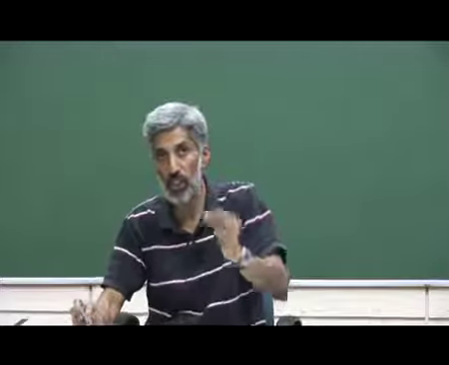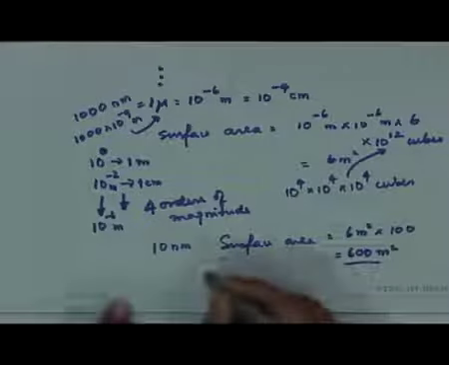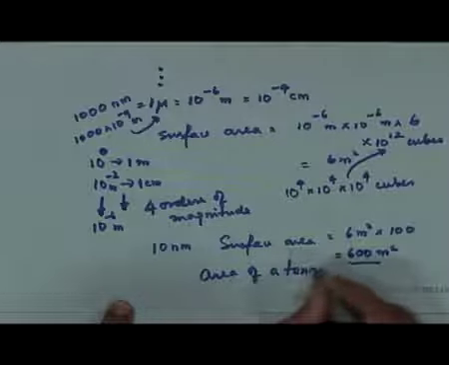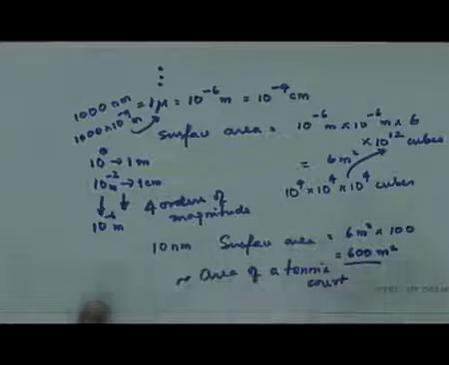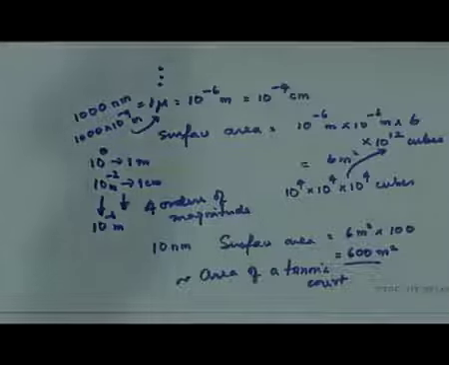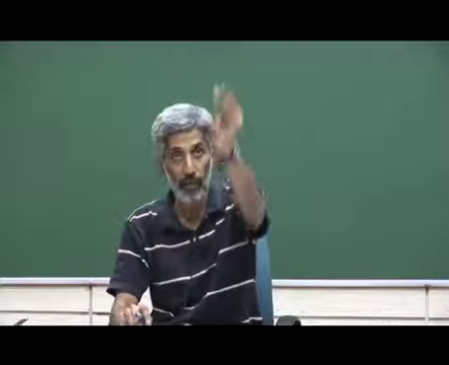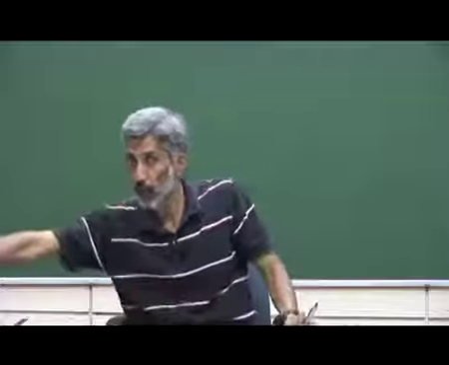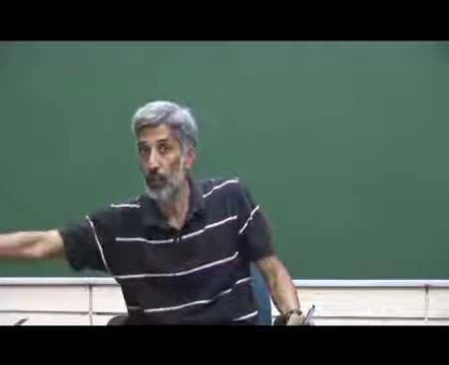And to give you a sense of 600 square meters, this is about the area of a tennis court, approximately. So what this means is that if I took a small cube 1 centimeter inside and then divided it such that each cube now becomes 10 nanometers, and if I laid them on the floor, I could pretty much cover all the tennis court.